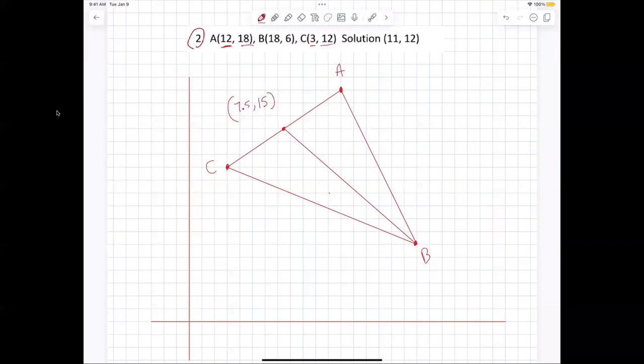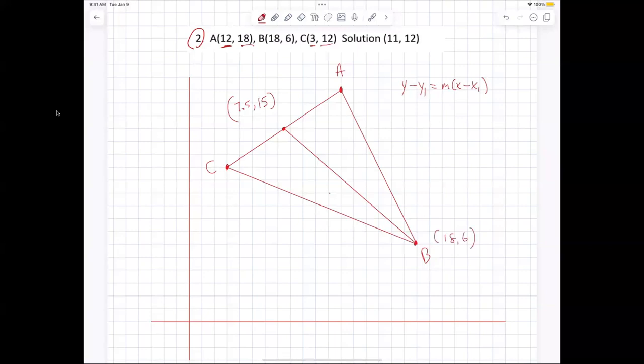Just to review, your equation of the line, y minus y1 equals m times x minus x1. Is everybody good with that? All right. So do we have a point that we can use? Yes, we could use either one, 7.5, 15, or we could choose B, 18 and 6.